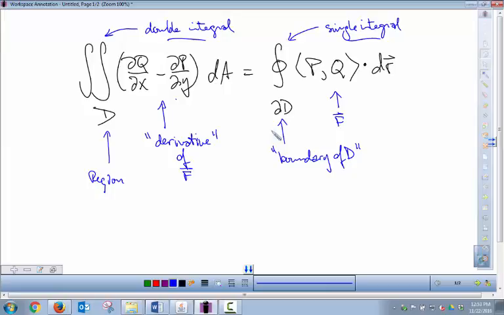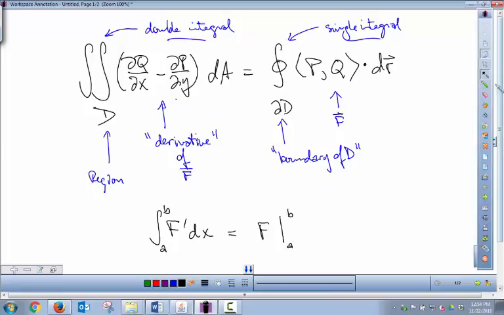So if you think about that and compare it to our original fundamental theorem of calculus, we're actually integrating over an interval.